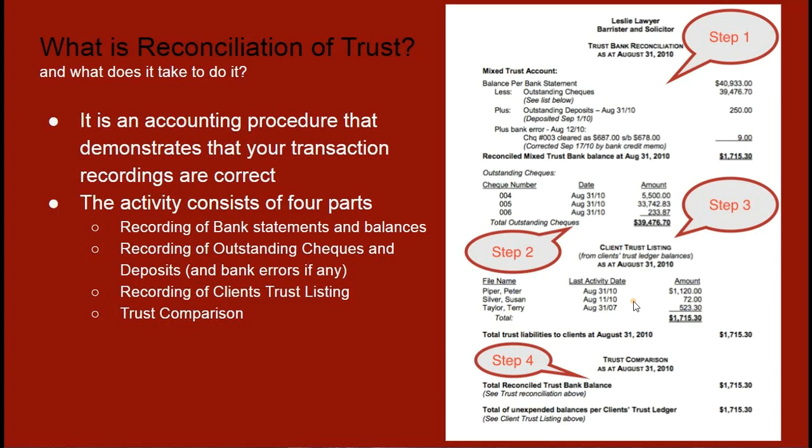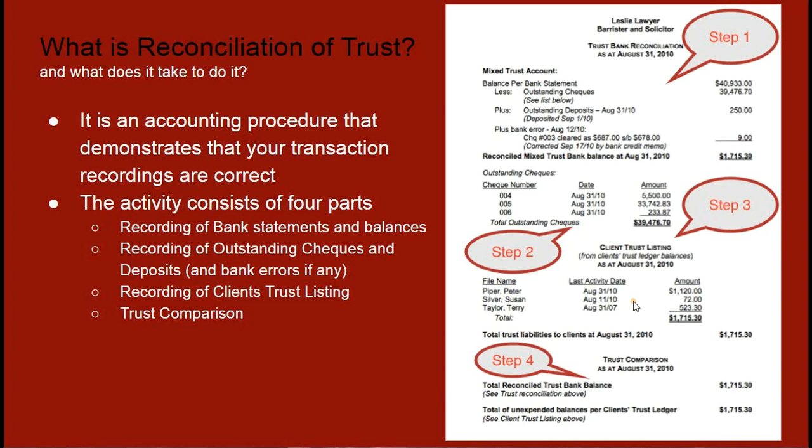So you may have had Peter Piper paying you $1,000, and maybe you've done work for about $300 and done the trust transfer, leaving the trust balance at $700 for Peter Piper. You may have Alex Smith, who paid you $565, and it's a very new client, you've not yet done any work, and hence none of that money has left the trust account, so that would be another $565. So that's how you add up.